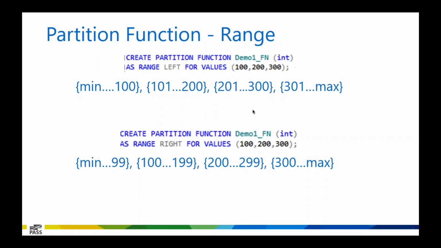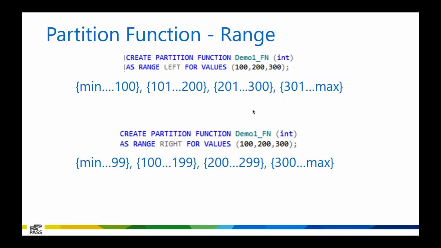When we look at range right here, we're going to see this change a bit. And this is really going to come out to us when we're using dates, which I'm going to show in our first demo here in a second. But the only thing that's changed on the bottom one is we're doing range right instead of range left. And so what this means now is null, and anything less than or equal to 99 will be in partition 1.